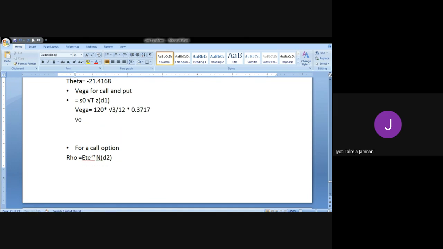So Vega will be equal to 120 into square root of 3 divided by 12, into 0.3717, 22.302.